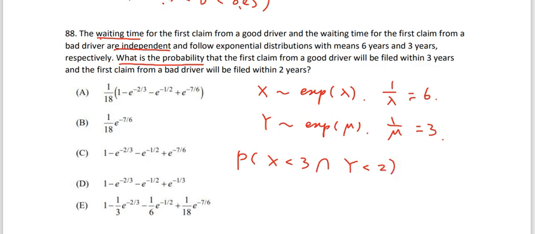Okay. So X and Y are independent. So we know this probability is just equal to X less than 3 times Y less than 2.